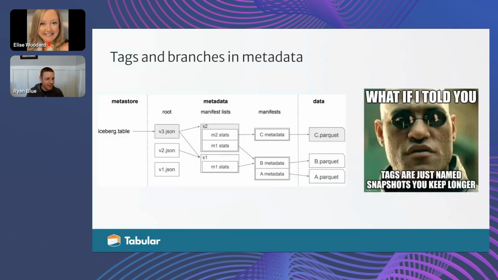So that was a long explanation of the use cases around branches. I want to go into a little bit, I mentioned the Git-like model. Well, here you can see a table with a couple of different snapshots. And the idea behind branching and tagging is actually really simple, and it's super cheap. So all we're doing is we're saying that a table knows about some number of older snapshots.